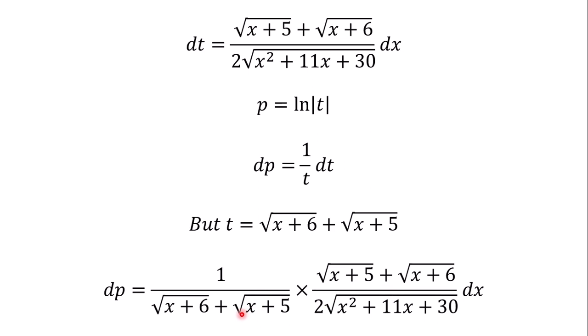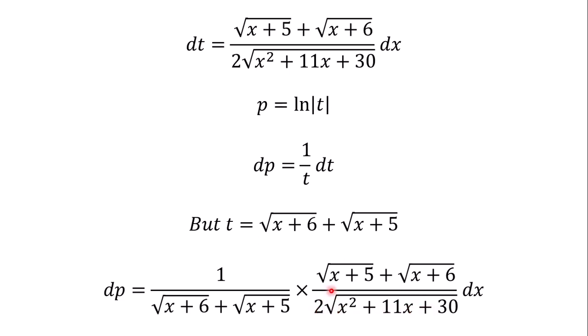What we are going to do here is see if we can do any cancellation. Here I have 1 over square root of x plus 6 plus square root of x plus 5 times square root of x plus 5 plus square root of x plus 6, divided by 2 times square root of x squared plus 11x plus 30.